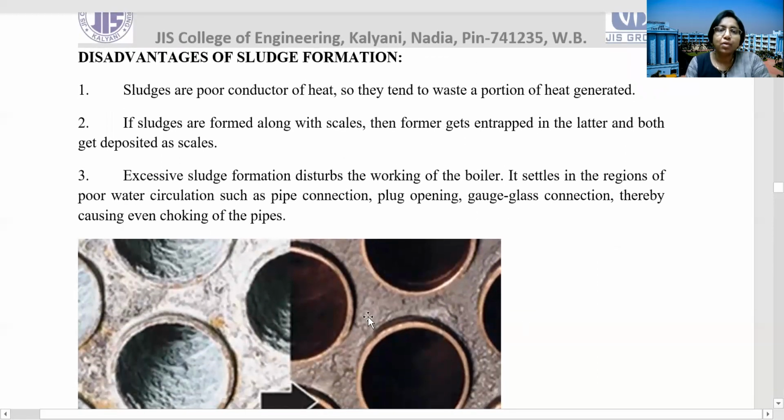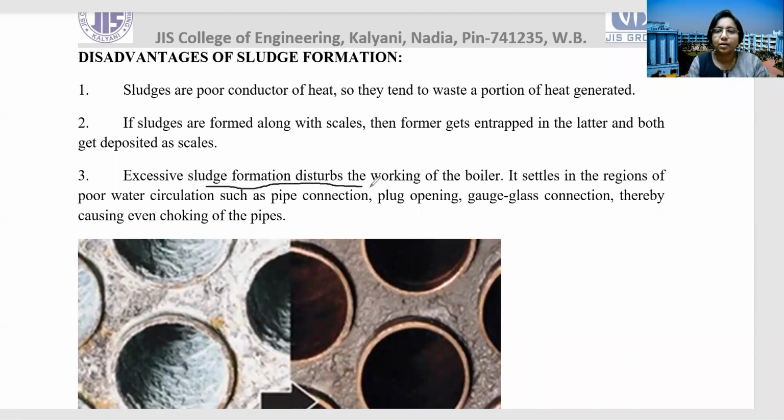And if sludges form along with scales, then the former gets entrapped in the latter and both get deposited as scales. So excessive sludge formation disturbs the working of the boiler.